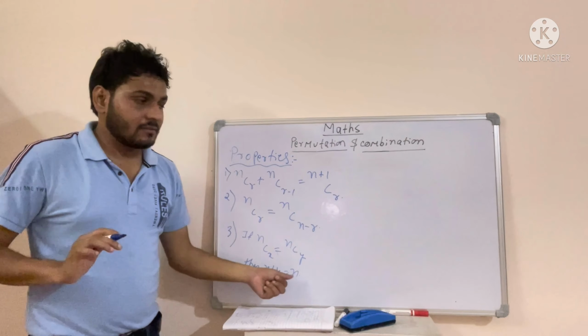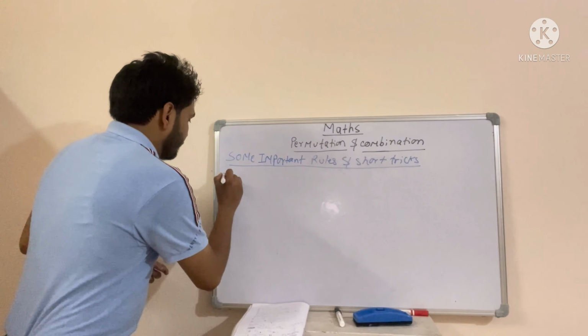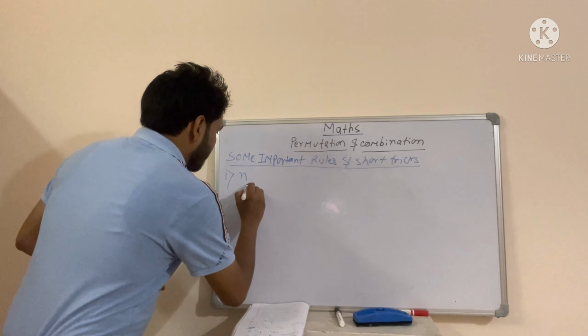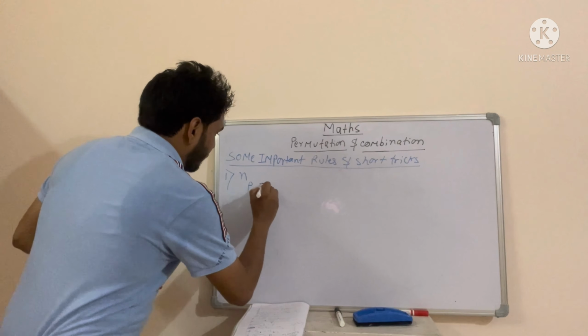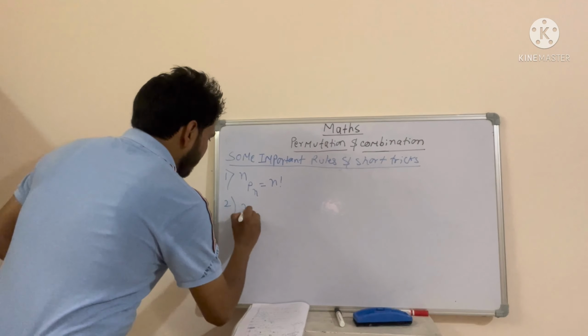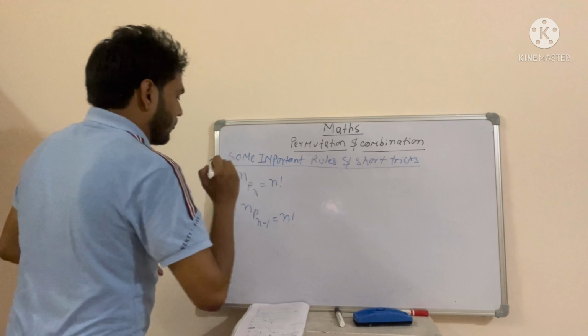This is fine. Some important rules and short tricks. nPn equals n factorial. Okay. Number 2, nP(n minus 1) equals n factorial.